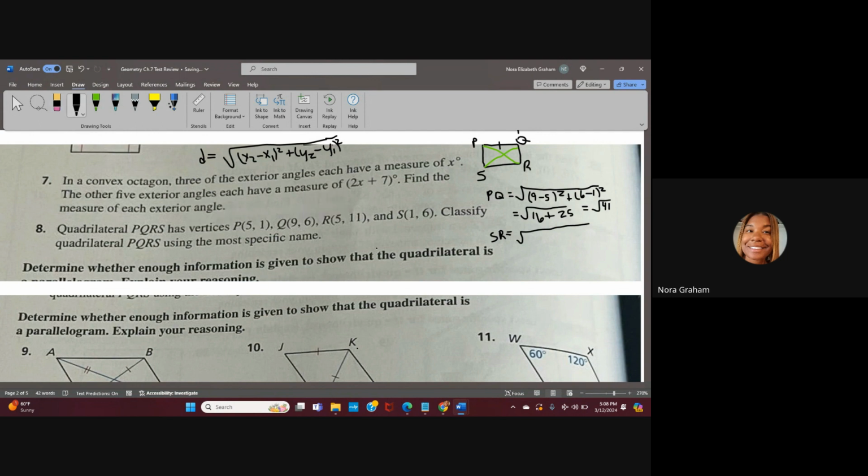So for SR, I'll use S as my x sub 2 and y sub 2. So I'll have 1 minus 5 squared plus 6 minus 11 squared, all under a square root.